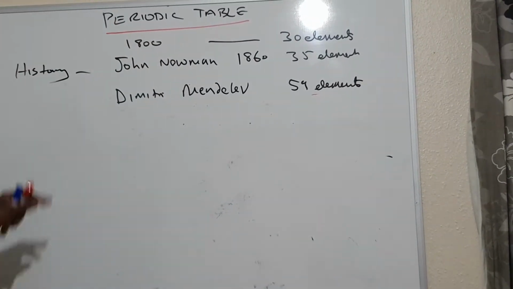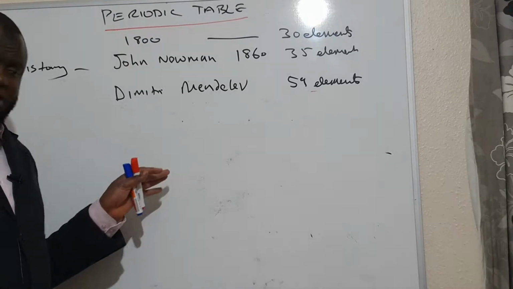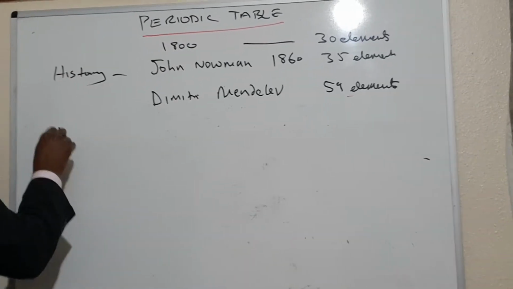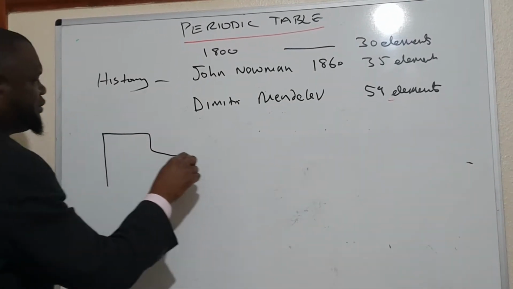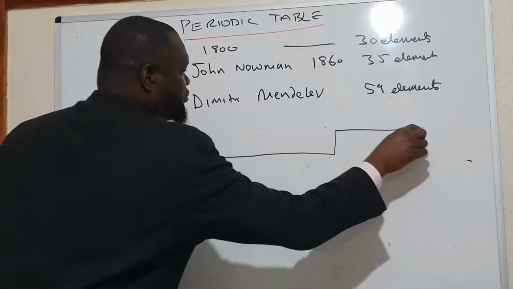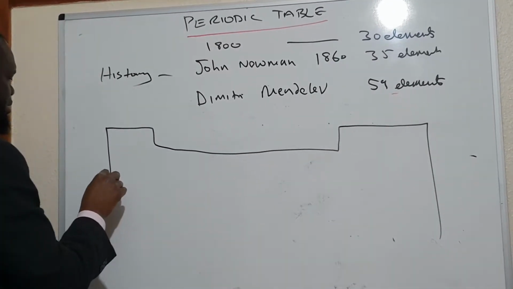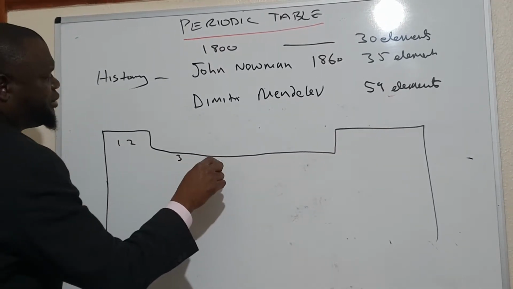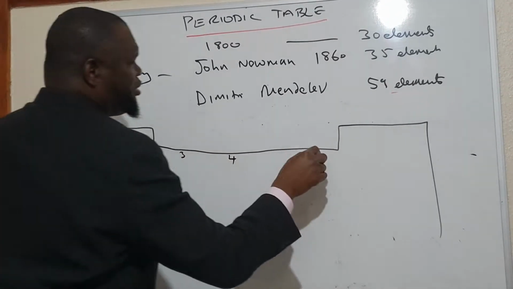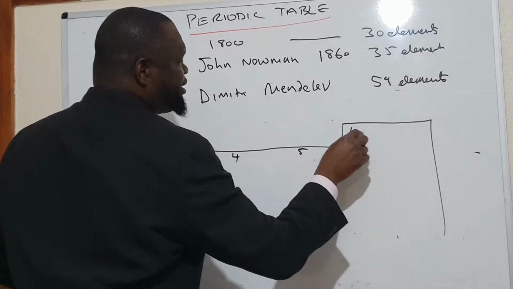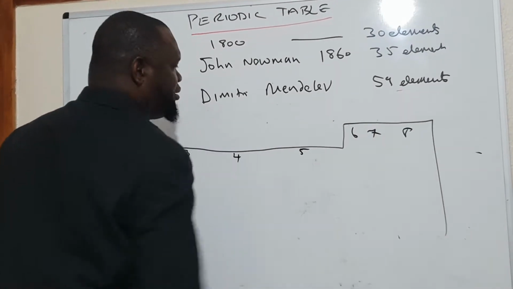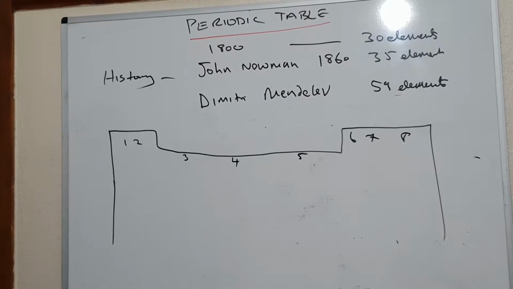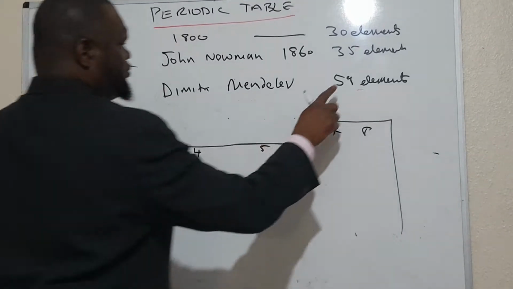So before, just now, we saw the periodic groups like this. Can you remember? Then you have 1 and 2, then 3 and 4, and 5. You have 6, 7, 8. Yes, 57 elements, okay?